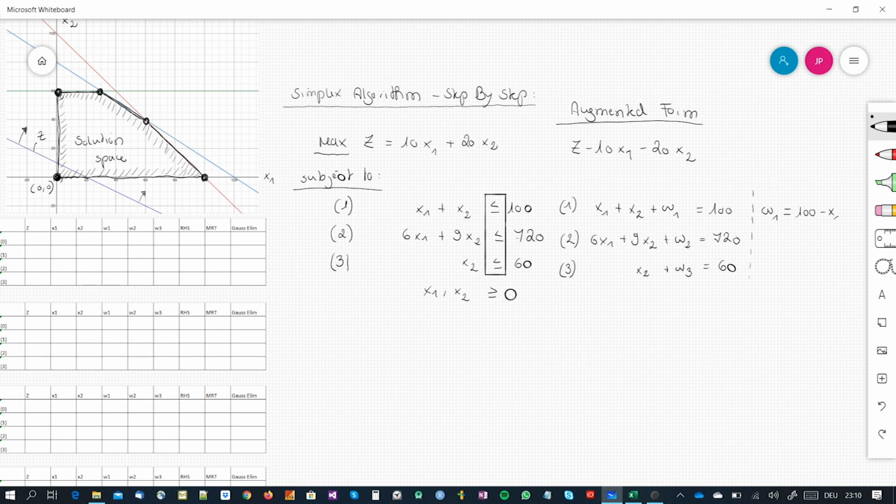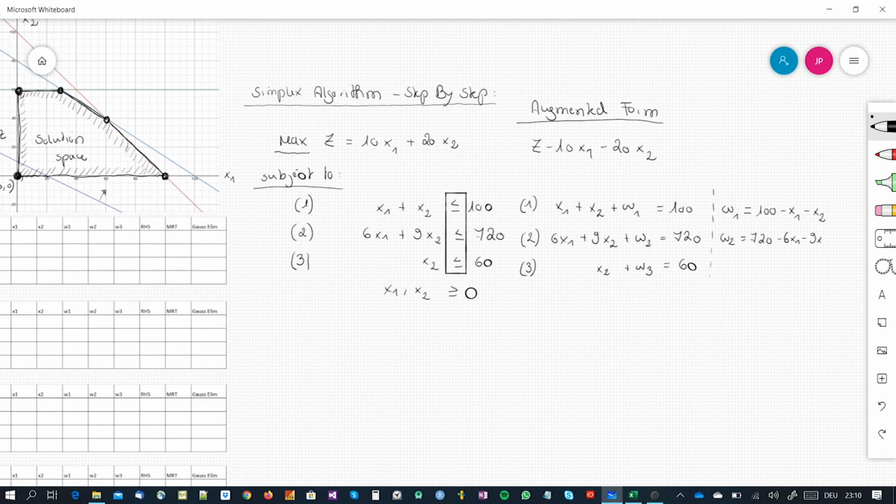So I need to put x1 on the other side and x2 on the other side for the first constraint. Then w2 is defined by 720 minus 6x1 minus 9x2. I got a little space problem here. And w3 equals 60 minus x2.